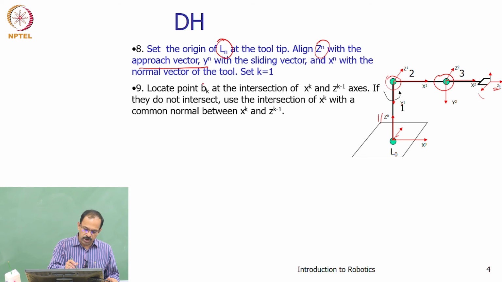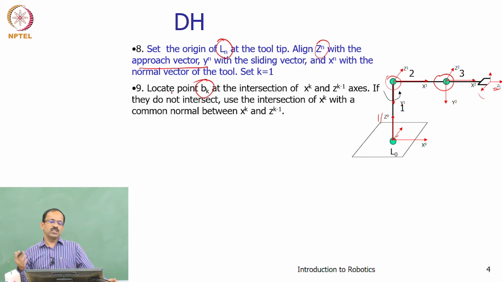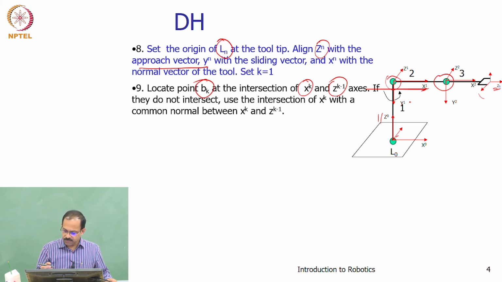We define point Bk; for k equal to 1, B1 is at the intersection of the xk and zk minus 1 axes. So x1 and z0, where they intersect, that point we define as B1. You can see that x1 is here and z0 is here, and they intersect at this point, so we call this B1.